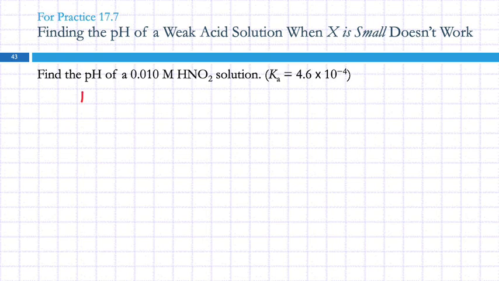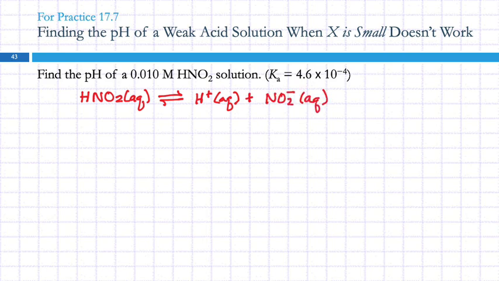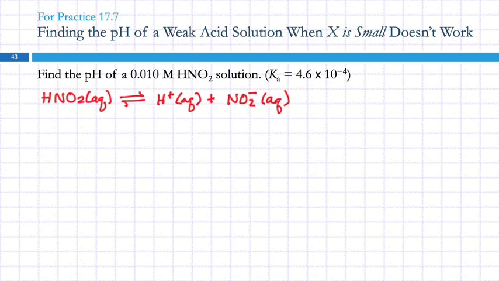Let's do HNO2 in equilibrium with H plus and NO2 minus. Everybody okay with me using H plus here instead of H3O plus? It just makes things shorter.